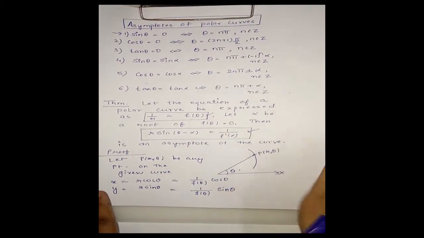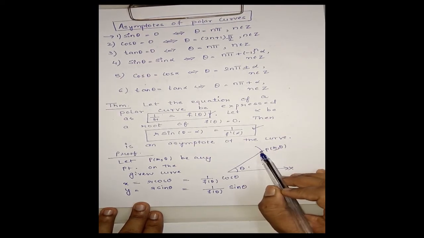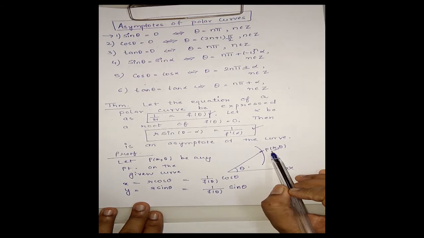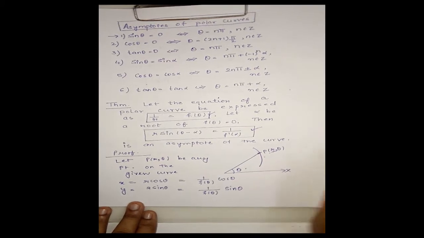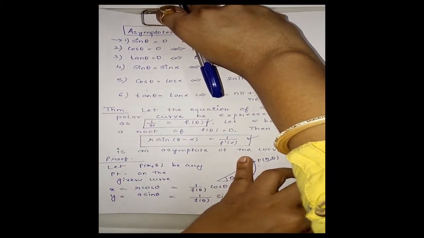Now clearly, if r tends to infinity, then this point P also tends to infinity along the curve.